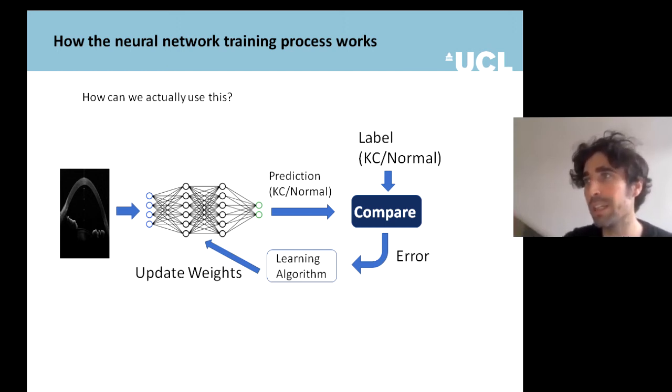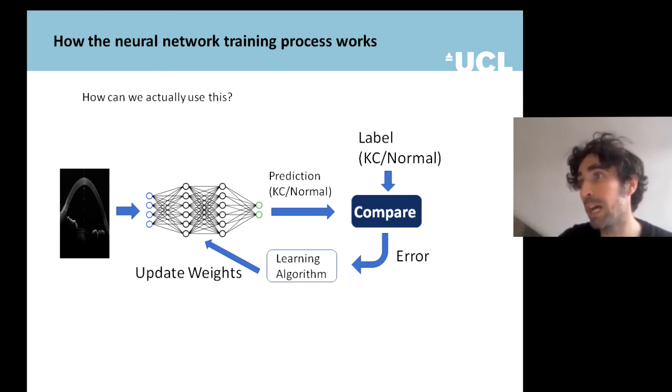The idea is to take an image, you feed it into your network, and initially it will come up with some kind of prediction. This will probably be random the first time it's run, because it has no clue. And then with this image, you also have a label. You compare your prediction to your label, and this gives you some kind of error, whether you got it right or wrong.